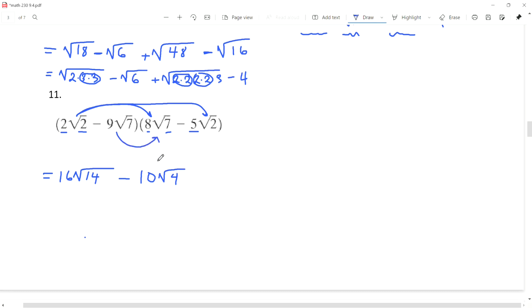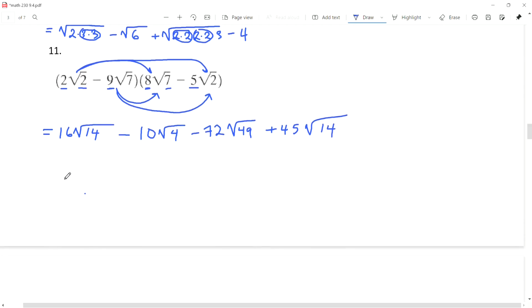Now we'll multiply negative 9 times 8, that's negative 72. And we have root 7 times root 7, which is root 49. We can multiply now 9 times 5, or actually negative 9 times negative 5, that's a plus 45. And we have a root 7 times a root 2, which gives us root 14.